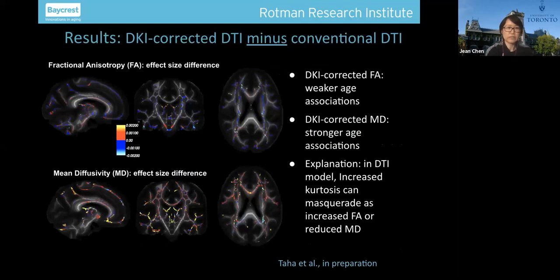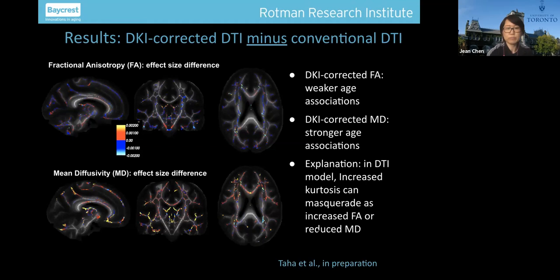And if we were to look at DKI corrected DTI parameters and compare that to conventional DTI, because sometimes we read papers and we're not sure if the diffusion tensor metrics were corrected for kurtosis effects or not, what we generally find is that DKI corrected FA values exhibit weaker age associations, whereas DKI corrected mean diffusivity values show the opposite.